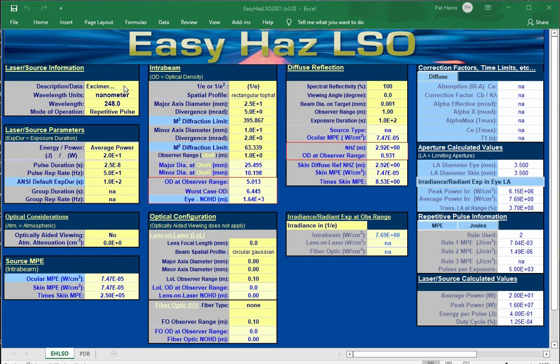So we've started going more towards solid state, but there are a lot of these lasers out there. So 248, a nice wavelength to process certain materials with.